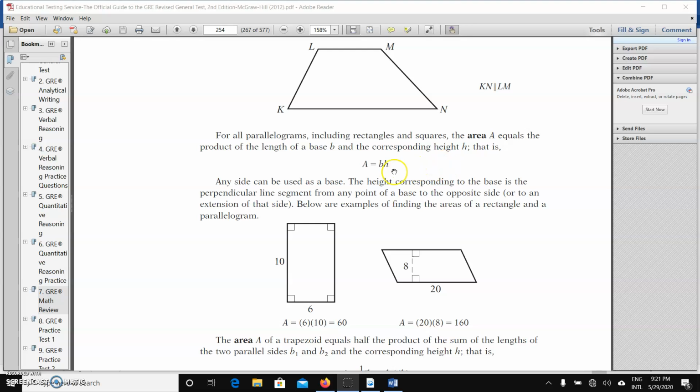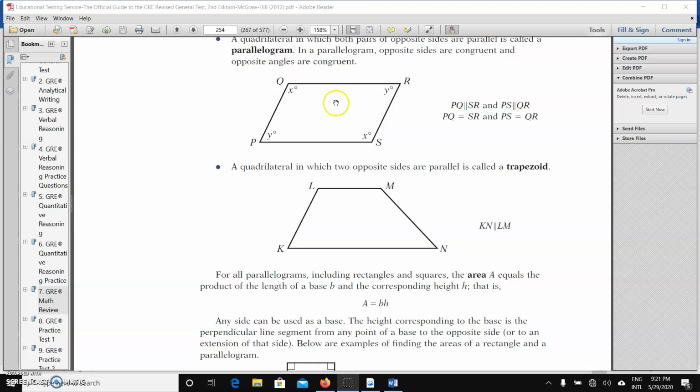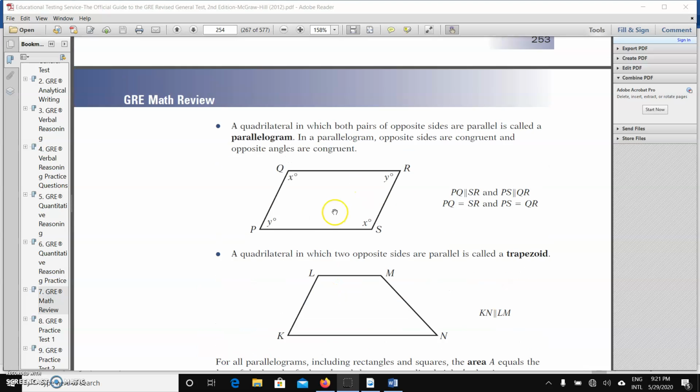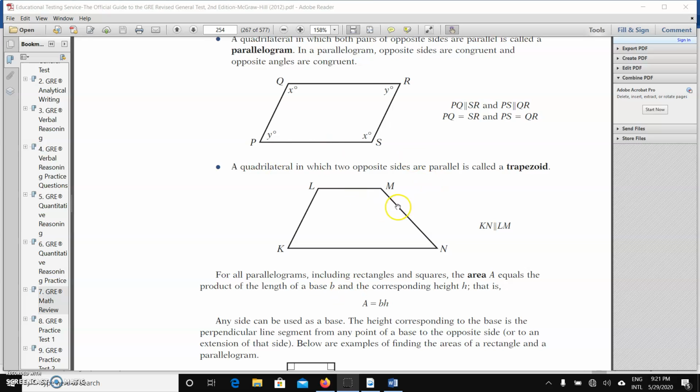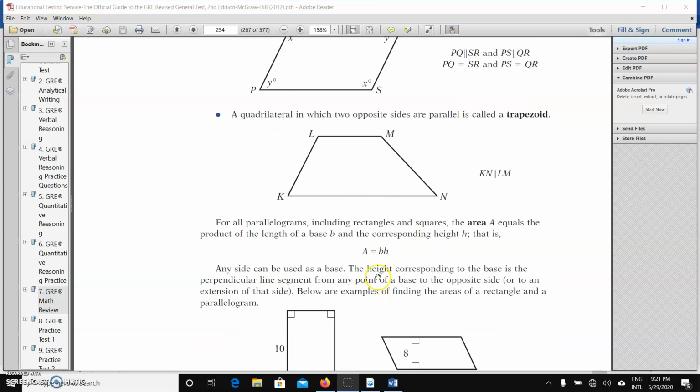So that means the area of the parallelogram is going to be base times height, BH. You need to know this formula, it's very important. Whether it's a rectangle, a square or a parallelogram, this shape is a parallelogram. This is a rectangle, and a square has all its sides equal. So this is the area, base times height.